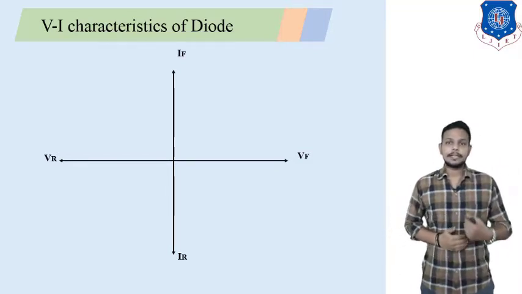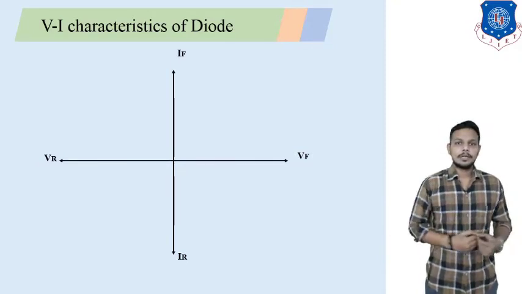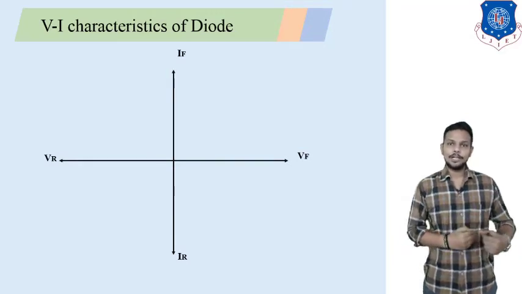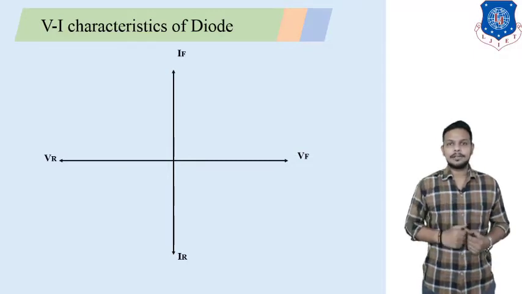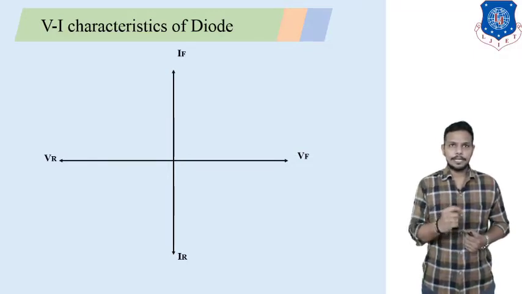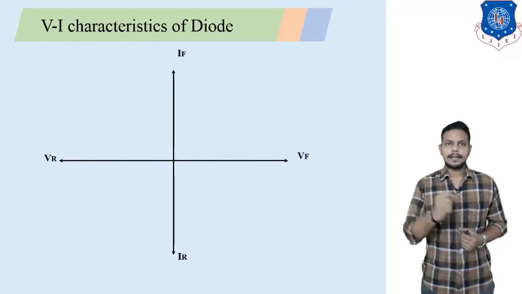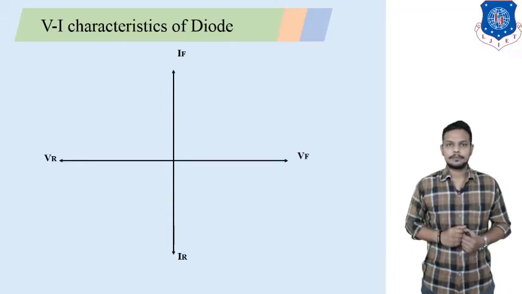When we increase the voltage gradually, the current also increases, but initially the current is minor. Like if we increase the voltage 0, 1, 2, 3, then at that time the current will be in milliamperes.